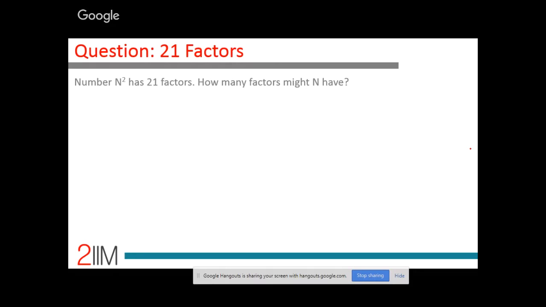Number has 21 factors. What could be its prime factorization? That's all you need to crack. This number n square has 21 factors. What is the possible prime factorization that can result in 21 factors?